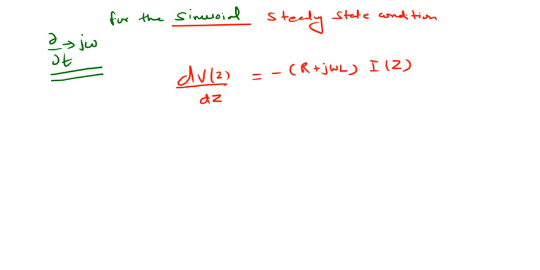The next equation is dI(z) divided by dz is equal to minus (G plus j omega C) into V(z).